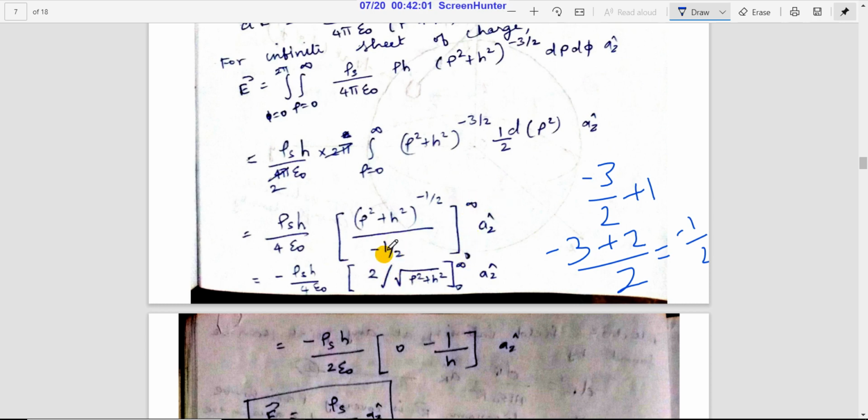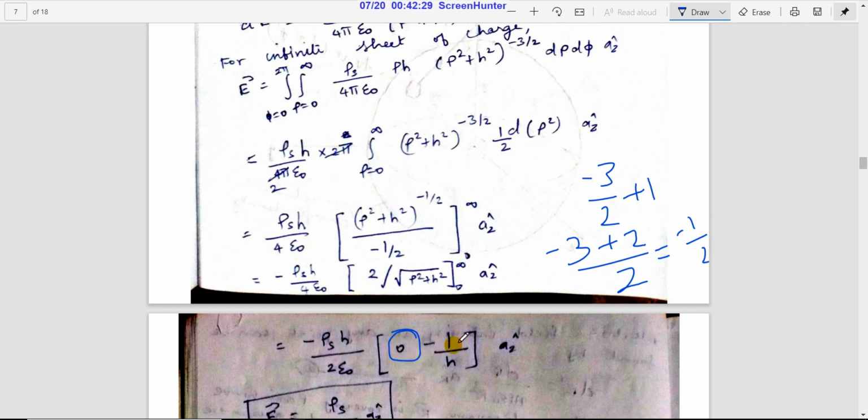Since it is minus 1 by 2, we can take minus rho s h divided by 4 epsilon naught, times 2 divided by root of rho square plus h square. If you apply these limits, we get infinity at the upper limit, and anything divided by infinity comes as 0.